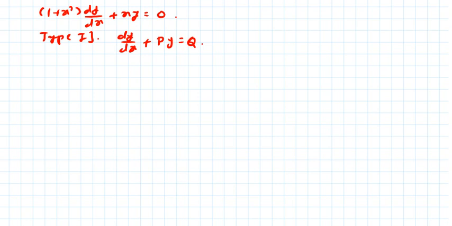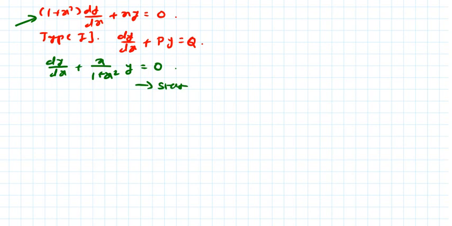So let's convert our given differential equation into the standard one. We'll divide the whole equation by 1 plus x square. So what I get is dy by dx plus x upon (1 plus x square) into y equal to 0. So this is in standard form, where the value of p is x upon (1 plus x square) and the value of q is 0.